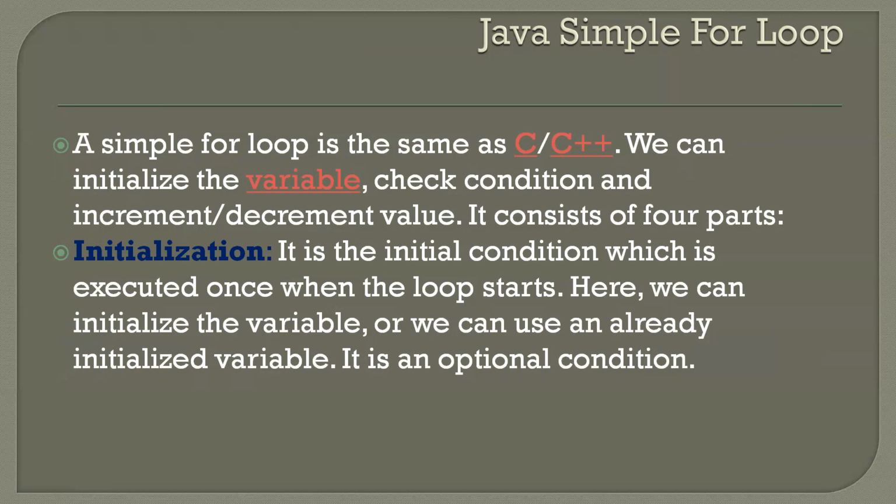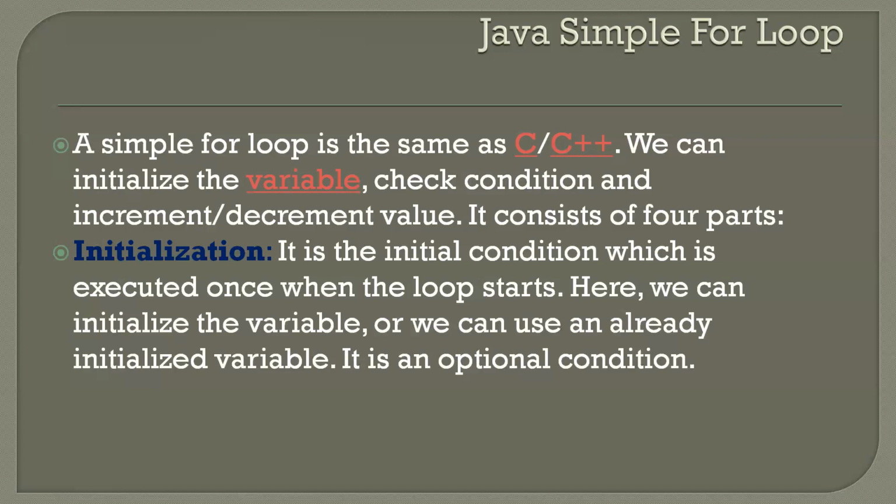We can initialize the variable, check the condition, and increment or decrement the value, right? So these are divided into 4 parts. The for loop will have mainly 3 parts, and the fourth one is the body of the for loop. The main 3 parts are initialization, condition checking, and incrementing or decrementing the value.